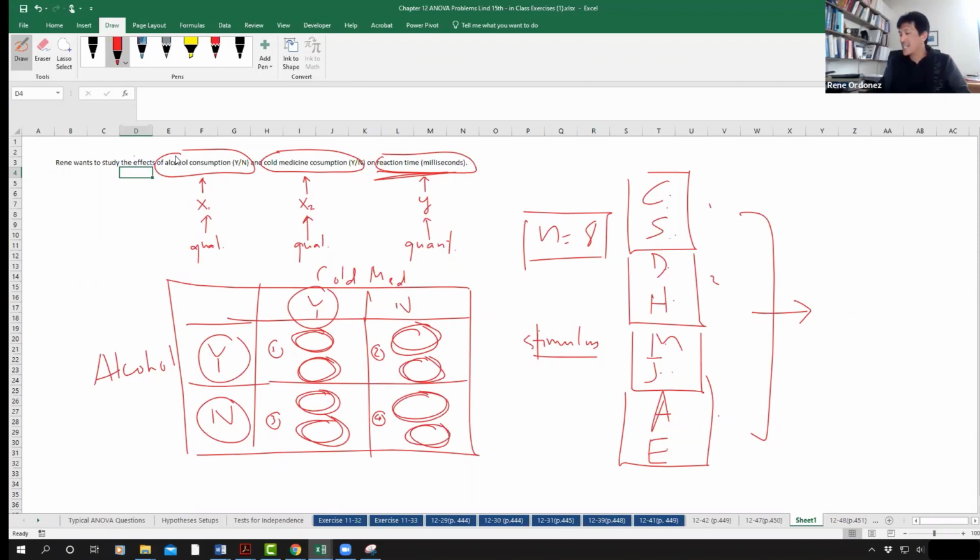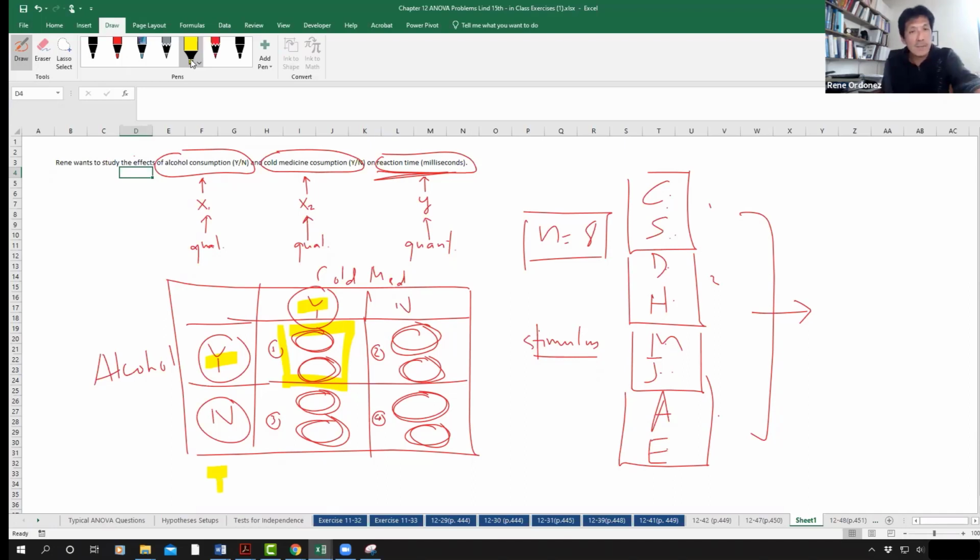So this is an example of a two-way ANOVA because for each combination of factor levels, you have 2 observations. Okay?